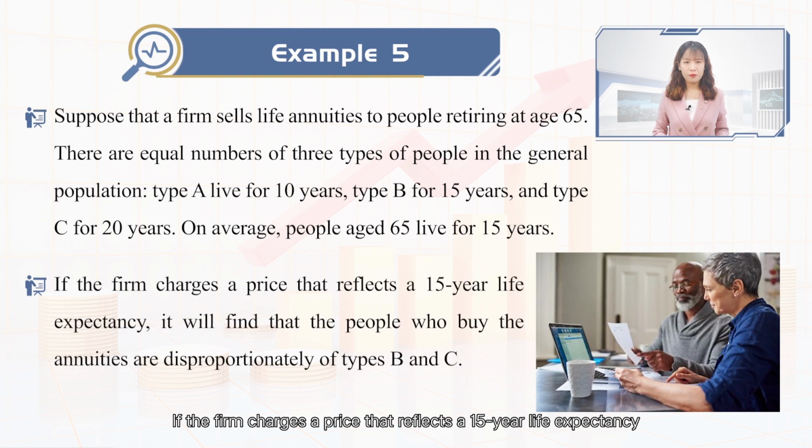Suppose the firm charges a price that reflects a 15-year life expectancy. However, it will find that the people who buy the annuities are disproportionately of types B and C. Unless the insurer can charge a price that accurately reflects each person's true life expectancy, a disproportionately large number of annuities sold will be bought by healthy people who expect to live a long time.